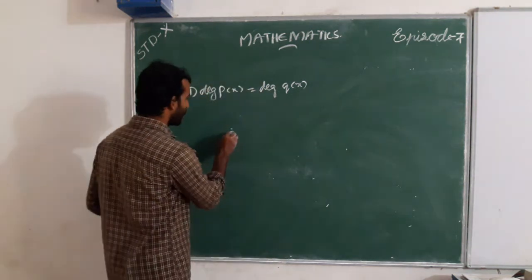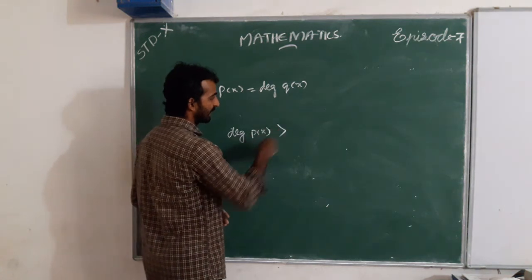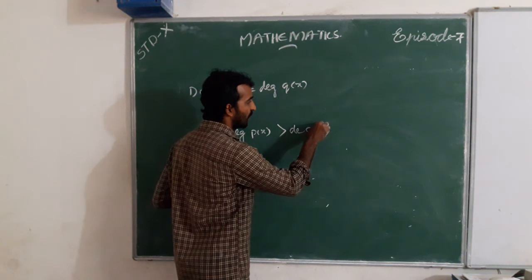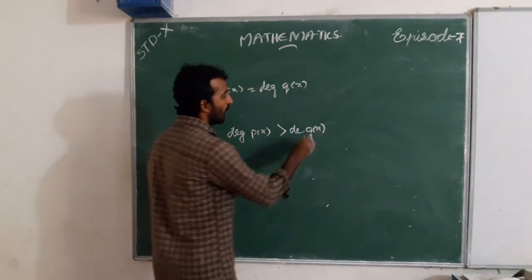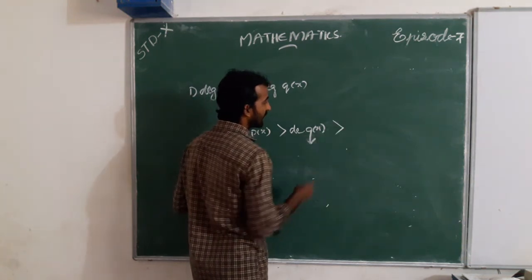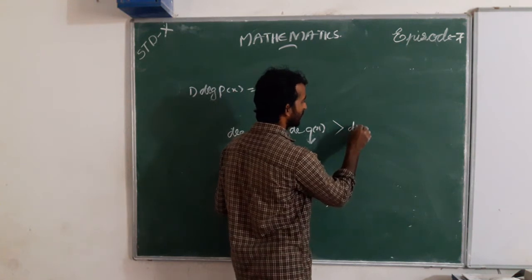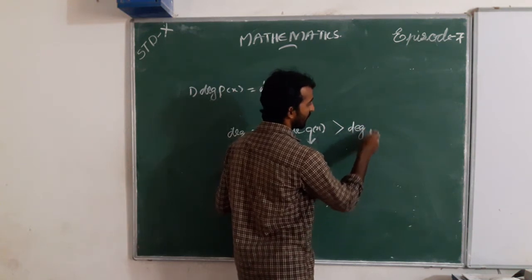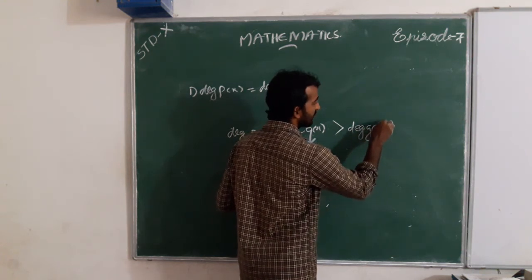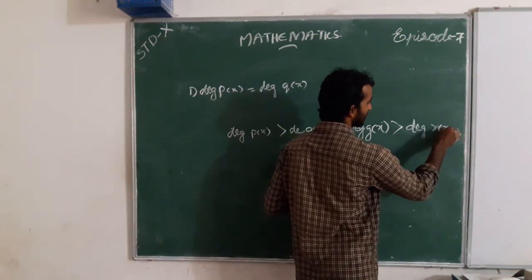That is, degree of p of x is greater than degree of g of x, or quotient, which is greater than degree of r of x.